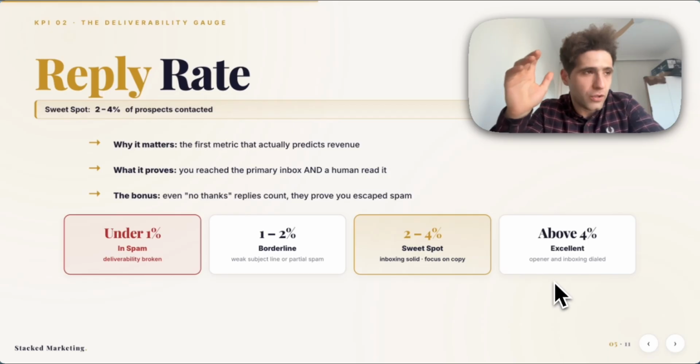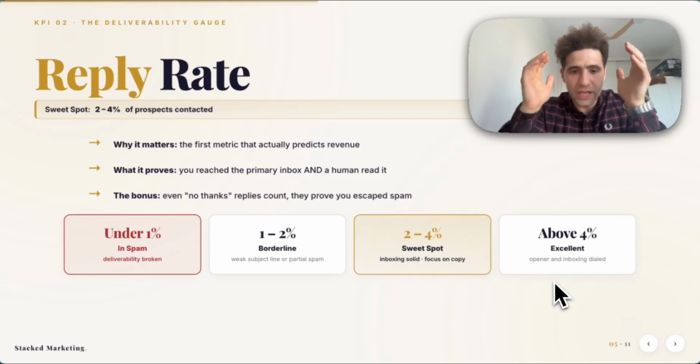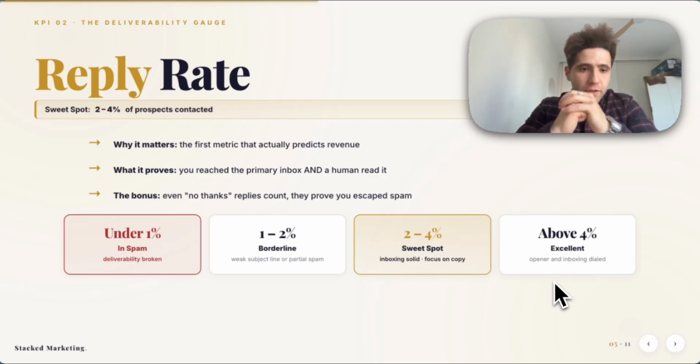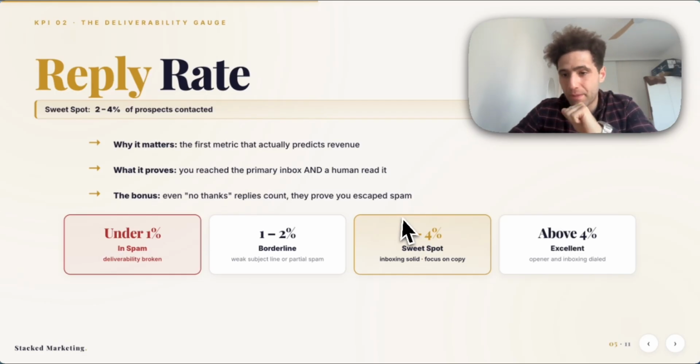Bear in mind, when you send cold emails, even if somebody sends a response back saying no thanks, or if they even get a bit rude and tell you to fuck off, that's still fine in my eyes because it shows you that your emails are landing in the primary inbox. So you want to aim for anywhere between 2 to 4%. Get away from anything less than 1%. And if you have anything above 4%, you're absolutely flying.